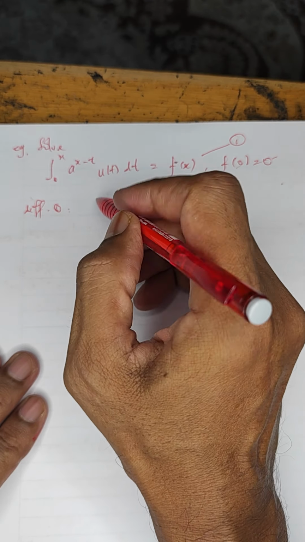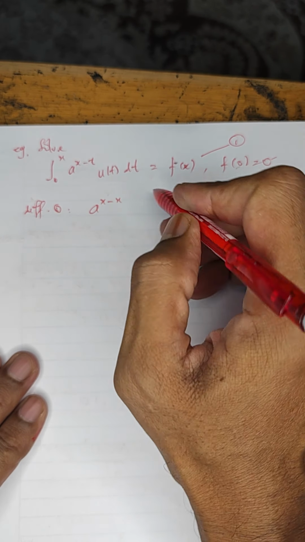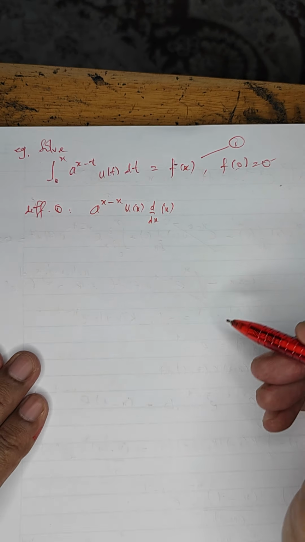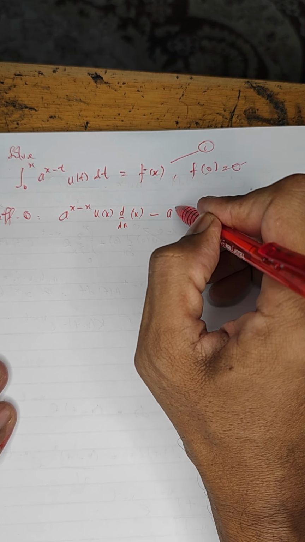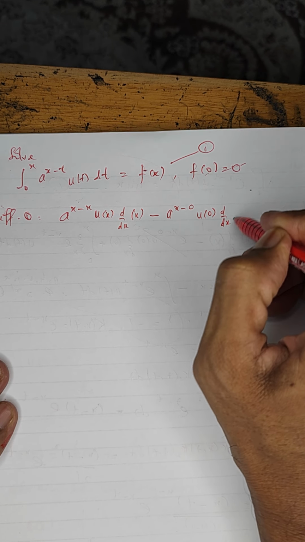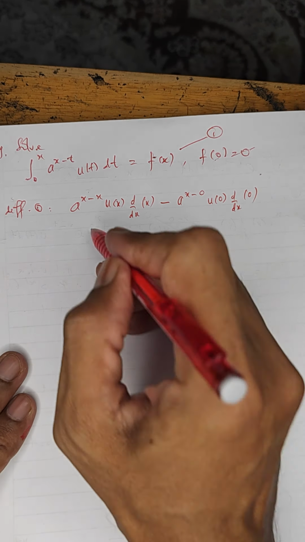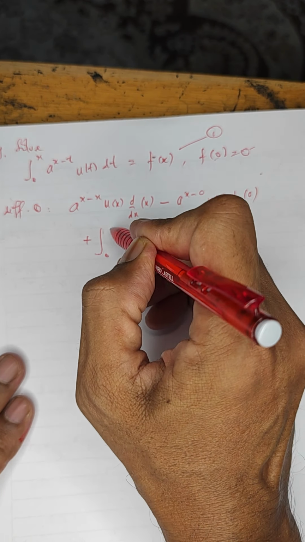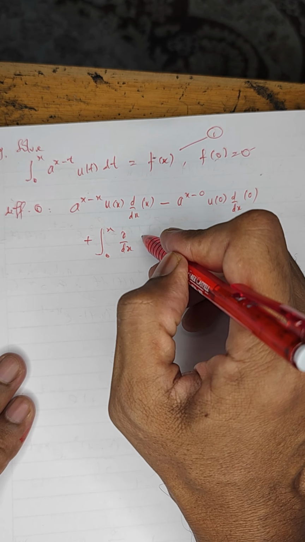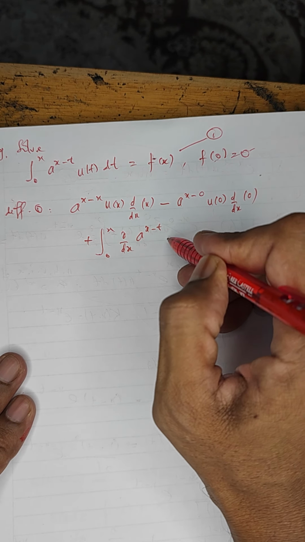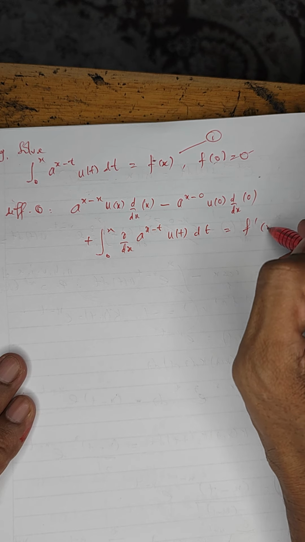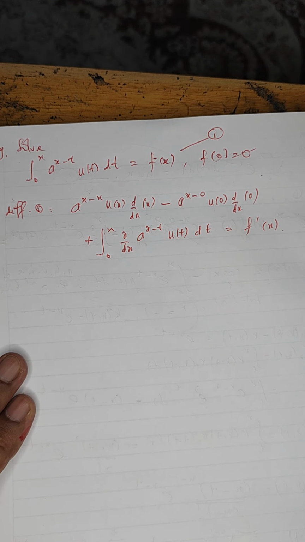So we have a^(x-x) u(x) d/dx of x, minus a^(x-0) u(0) d/dx of 0, plus the integral from 0 to x of d/dx of a^(x-t) u(t) dt. Then the right side is f prime of x.